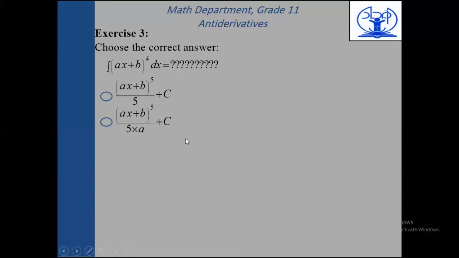To be sure about the answer, for sure we're not going to expand here. What if we differentiate these two answers? The one that gives (ax plus b) to the 4 will be the correct answer. Let me start by differentiating the first possible answer.